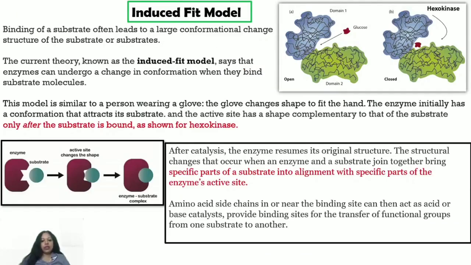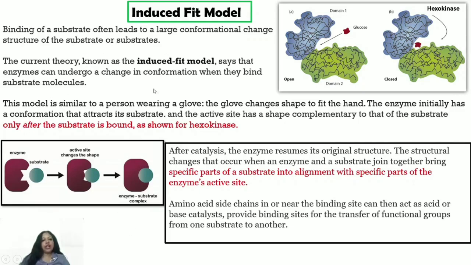Now coming to the second model, the induced fit model. As enzymes are not rigid in structure, they have a three-dimensional and flexible structure, so binding of a substrate often leads to a conformational change in the structure of the enzyme.